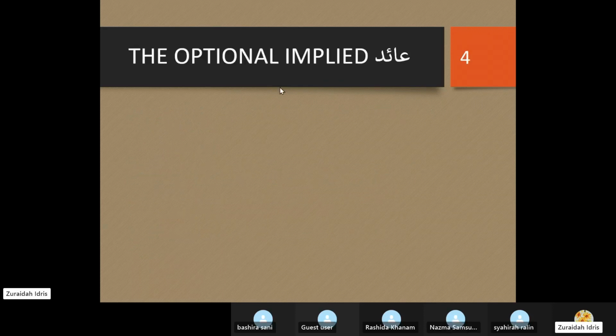The optional implied a'id can be there or not be there. You can put it there or you don't put it there. It still is there, it's implied after all, but you can put it there if you want to.